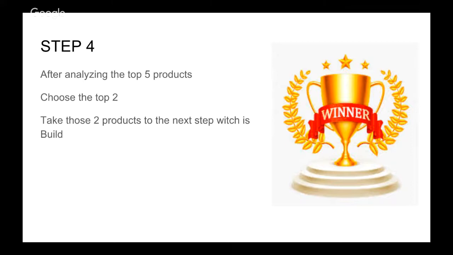The other thing I do is, on the top 2 products, I start moving to the next stages, and I start working on differentiating and negotiating with suppliers for 2 products.